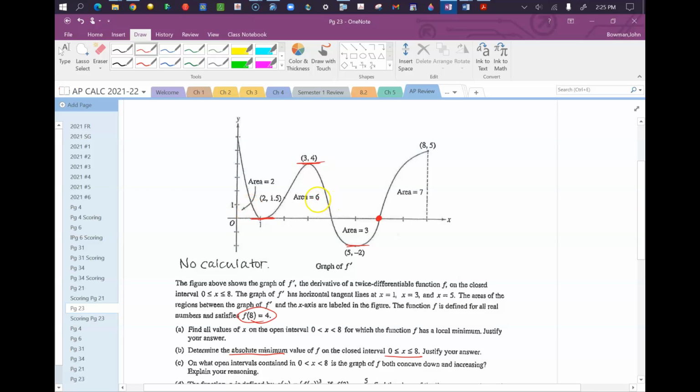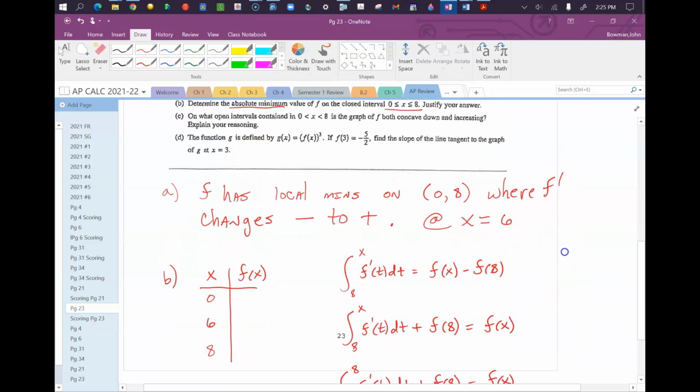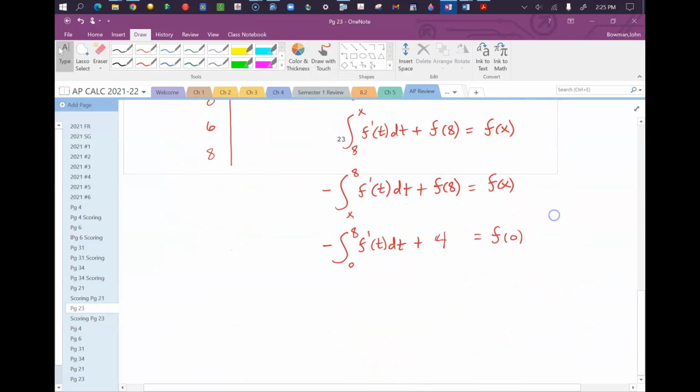It's going to be 2 plus 6, which is 8, minus 3, which is 5, plus 7, which is 12, and we have negative 12 plus 4, which is equal to negative 8.